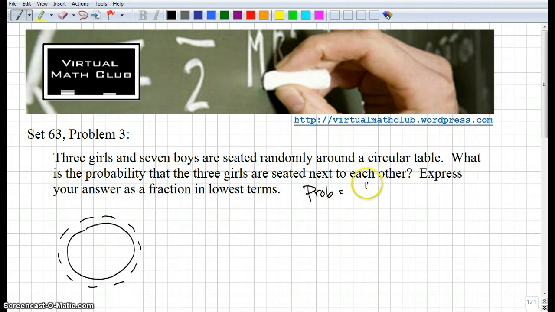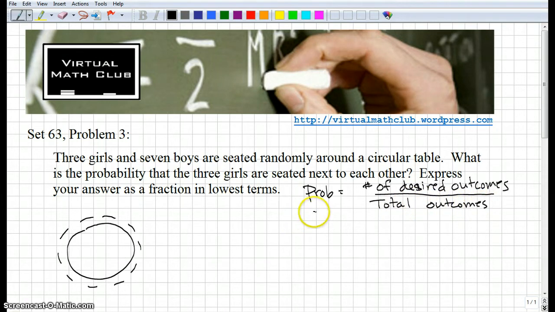Probability is just the number of desired outcomes over the total possible outcomes. We can calculate those two things separately and then just divide.